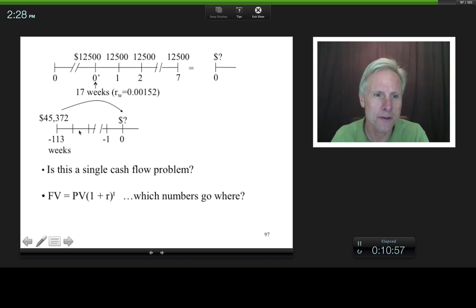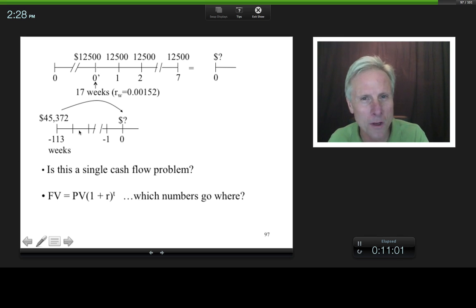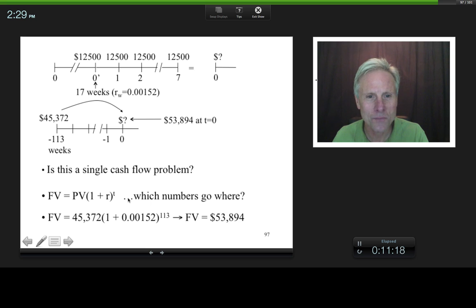Well, what are these periods? Those are weekly periods, right? So I better be working with what kind of rate? An effective weekly rate. And how many periods am I bringing this forward? 113, right? So what will my T be? 113. So if we put in the right numbers, we basically get 53,894, and so that's our solution.